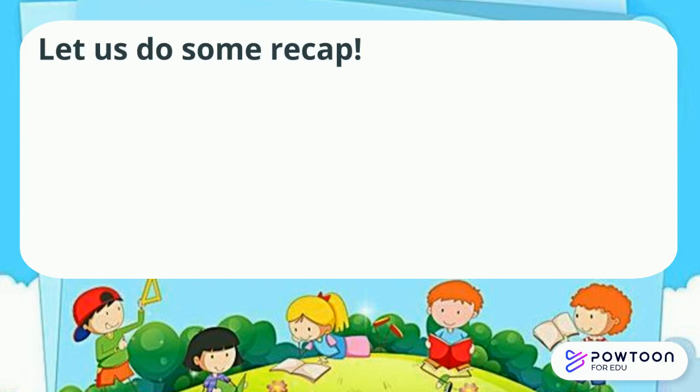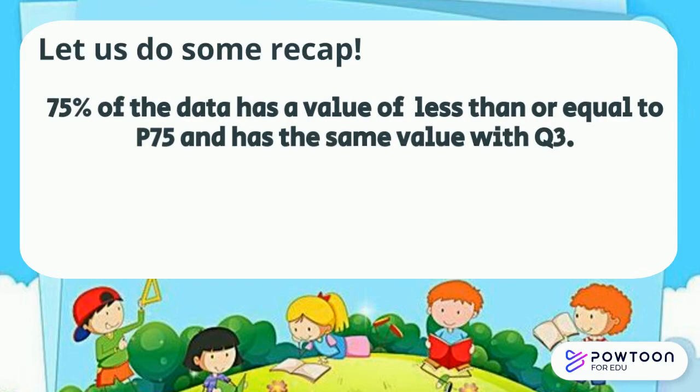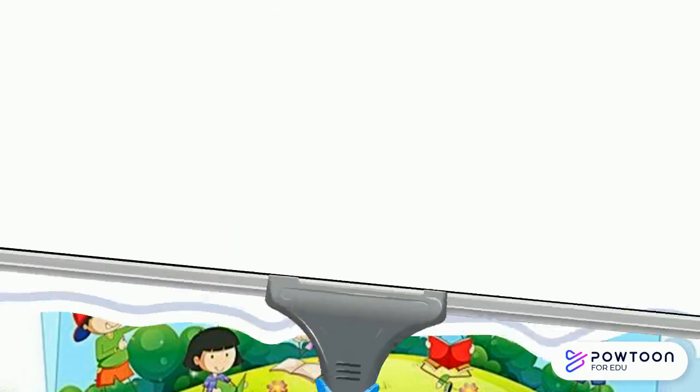You also learned that 75% of the data has a value of less than or equal to the 75th percentile and has the same value with the third quartile. Now it's your turn.